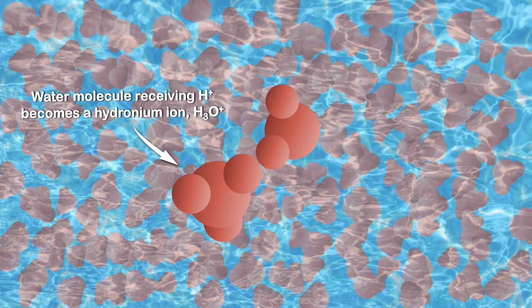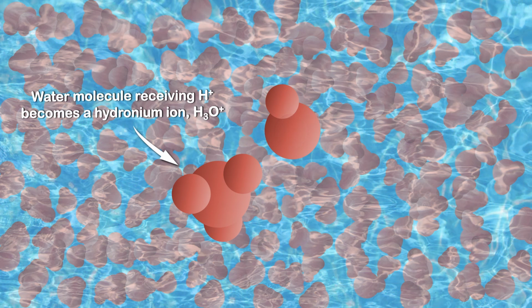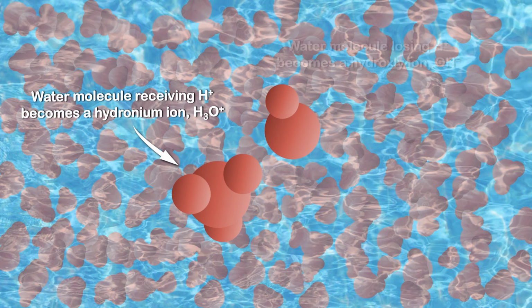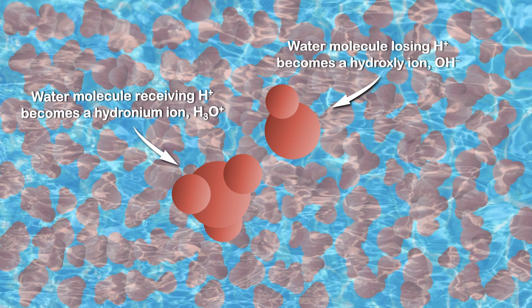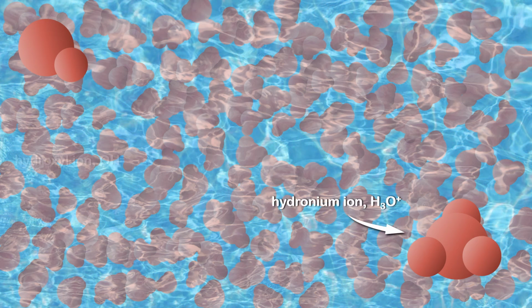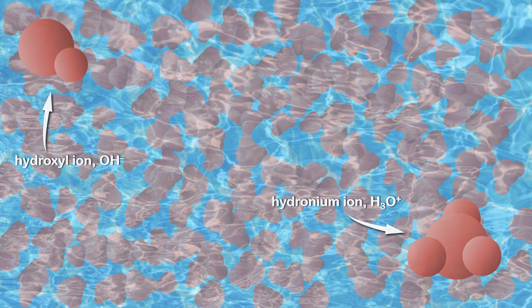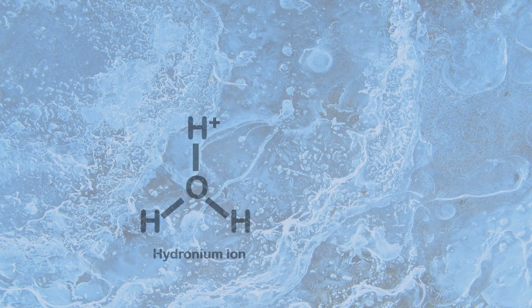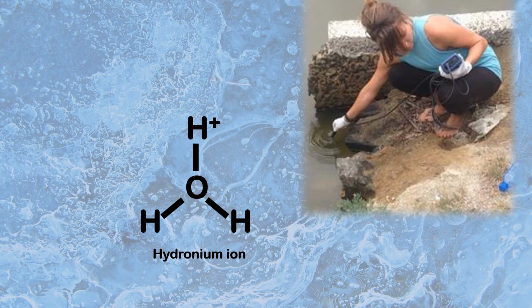At the same time, the electron cloud, which originally was around the transferred hydrogen ion, is pulled back into its former water molecule, which becomes OH-, a hydroxyl ion. After the hydrogen ion transfer, the collision partners separate as a hydronium ion H3O+ and a hydroxyl ion OH-. pH meters measure hydronium ions H3O+, not hydrogen ions H+.